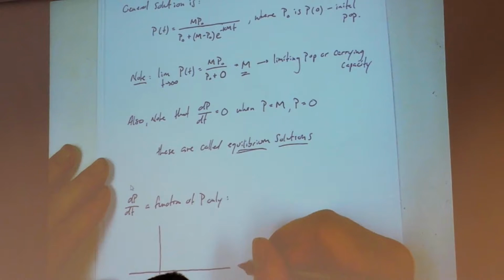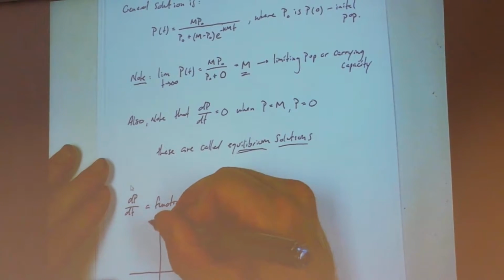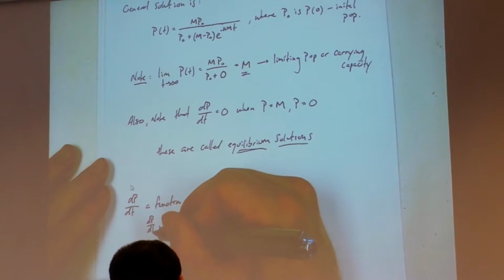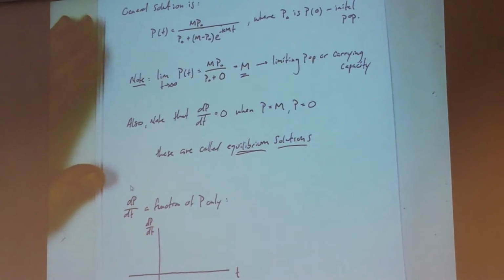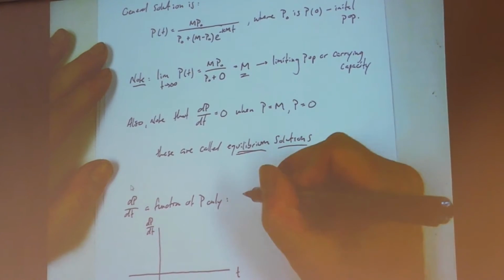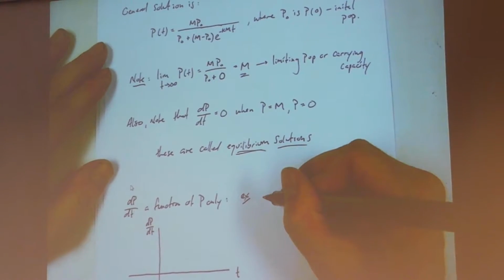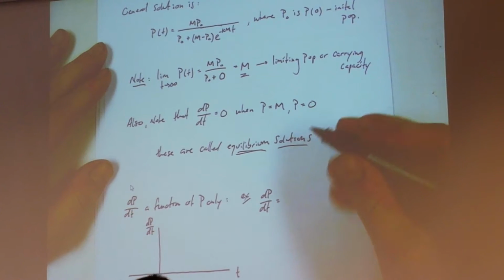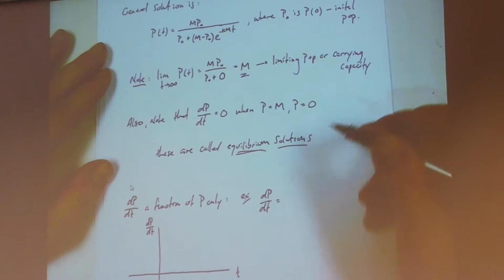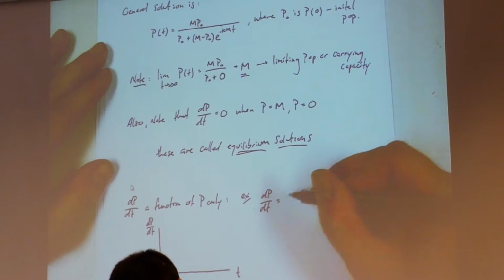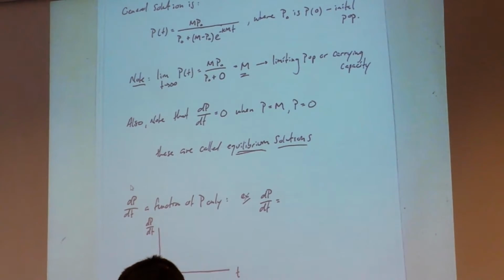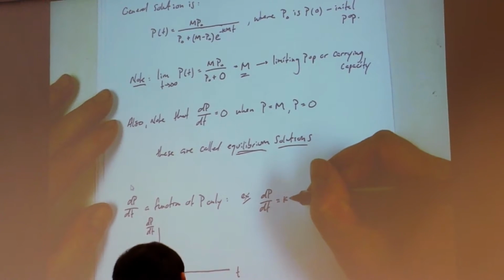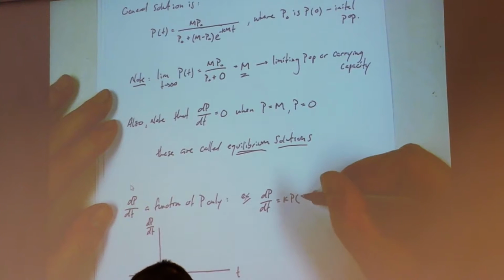So here's t, and up here we're tracking dp dt. Where is it 0? Oh, by the way, I'm gonna put in that example that we were working on with actual numbers. dp dt equals some constant, 8 times 10 to the negative 4th, whatever it was, times 1,000 minus p.